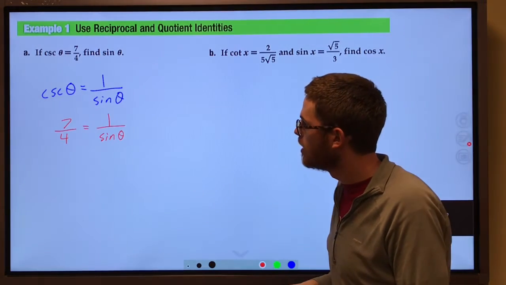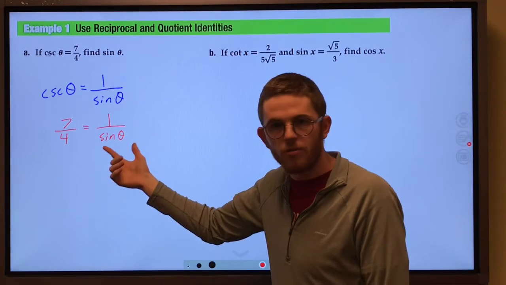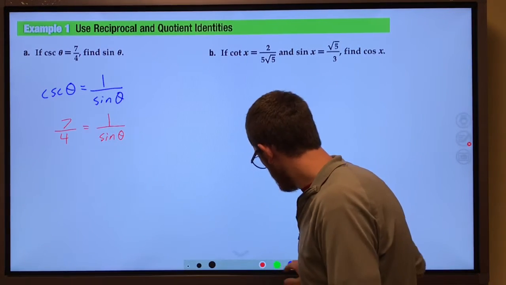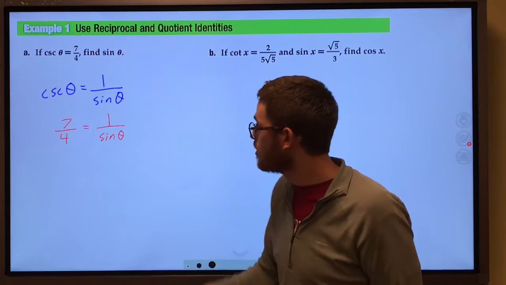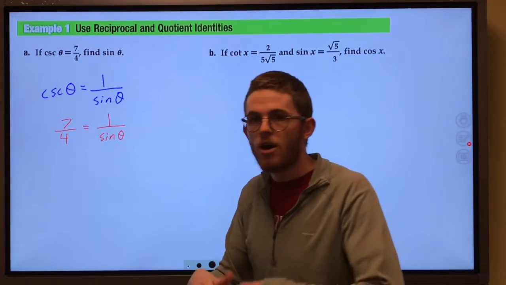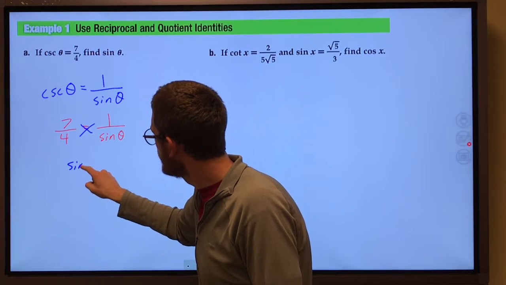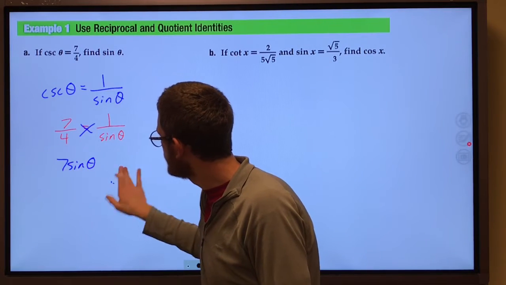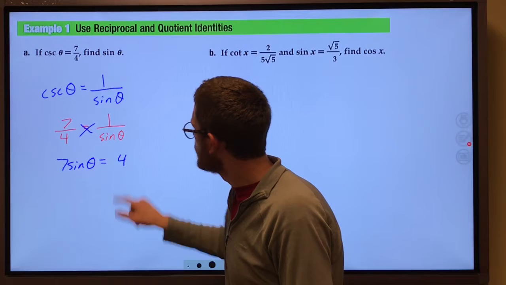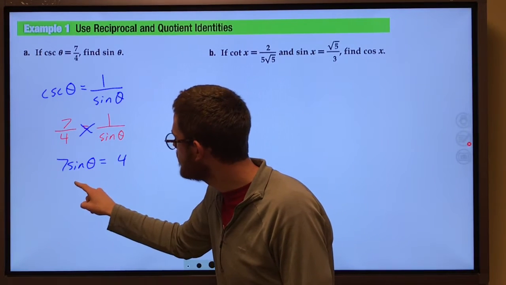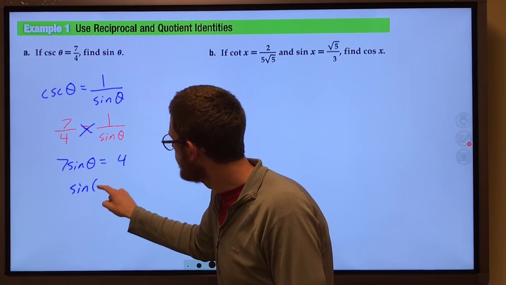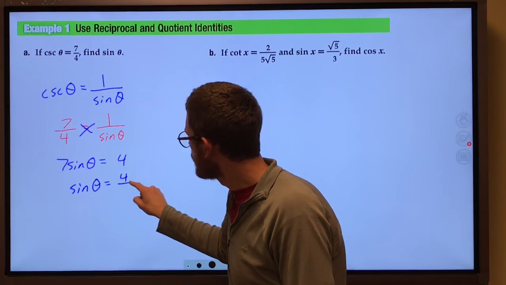There are a lot of ways we could solve this. I know some of us are thinking, okay, we could cross multiply. Whatever you want to do. Cross multiply: 7 sine of theta equals 4, divide by 7, and so sine of theta is 4 over 7.